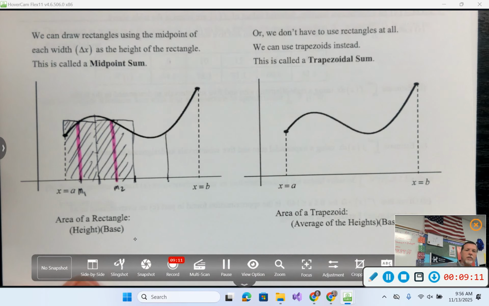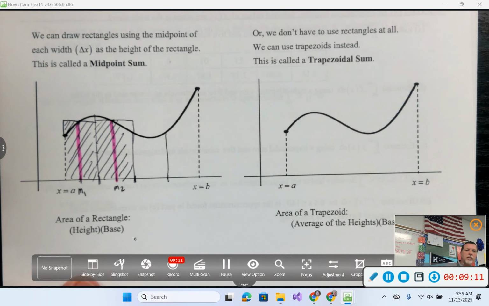Middle height. And then the last midpoint, about right there. So my 4 middle heights.